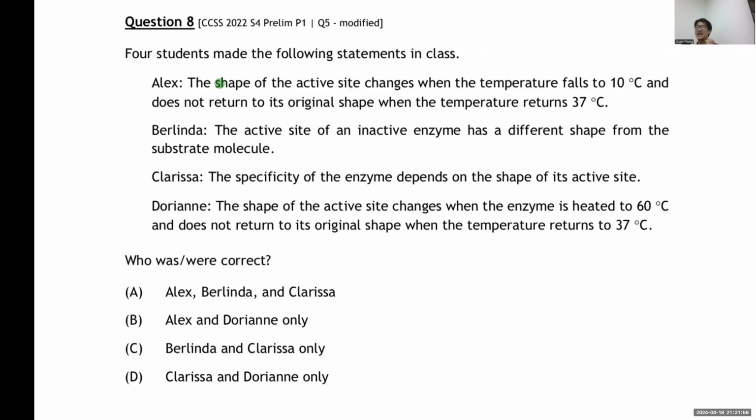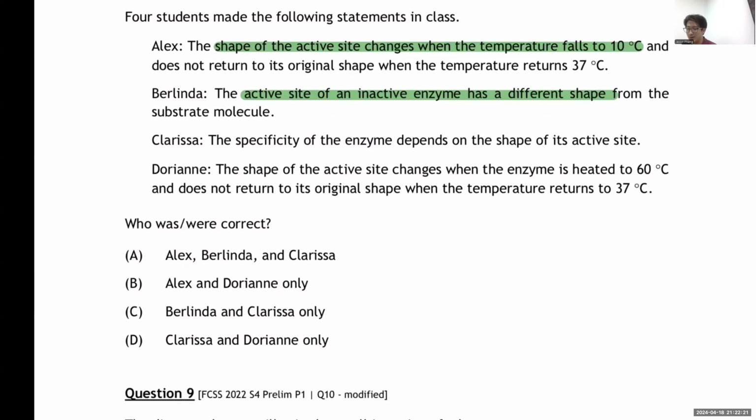Not enough what? Energy, very good. So Alex's and Belinda's statements are both wrong because of the same explanation. So yes, Clarissa and Dorian are correct.